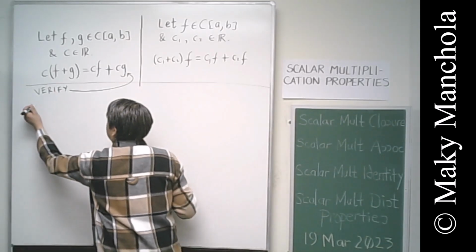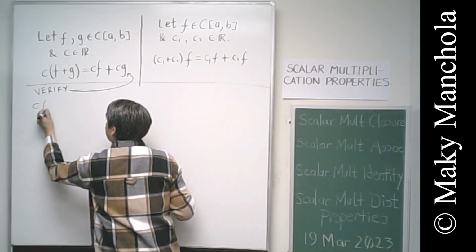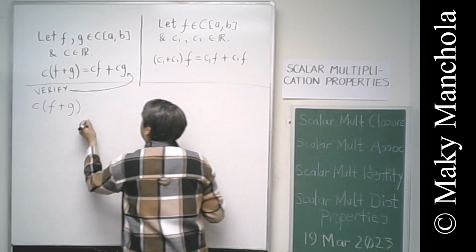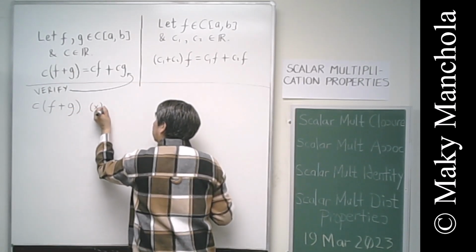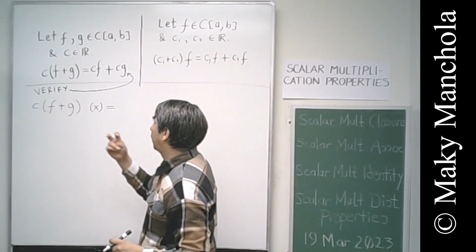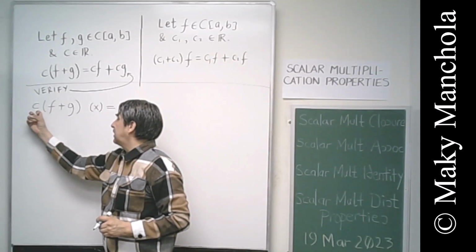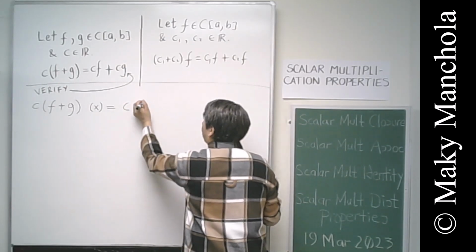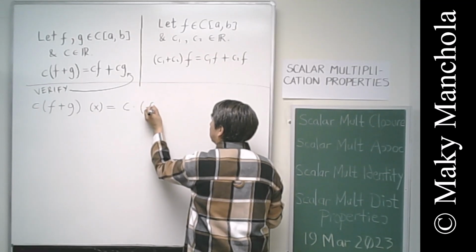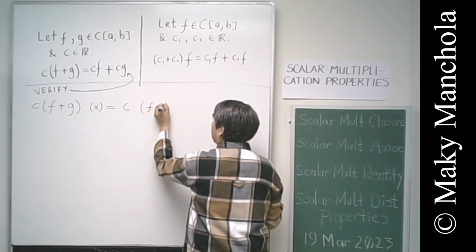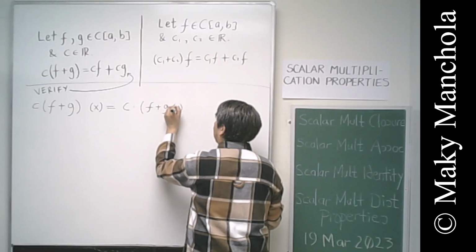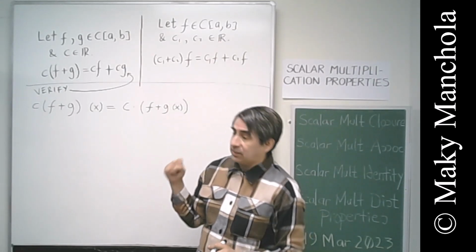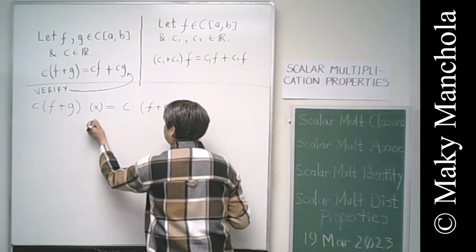So the function c(f plus g) evaluated at x, our definition is the following. The constant c multiplied by the constant f plus g of x. Now we know the meaning of f plus g of x is f of x plus g of x. So we write that.